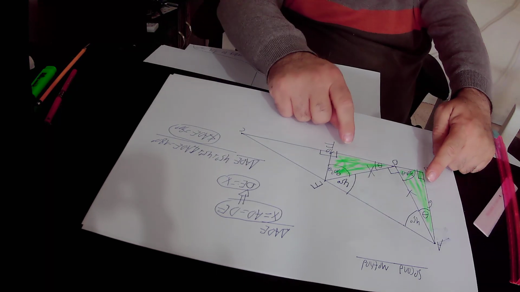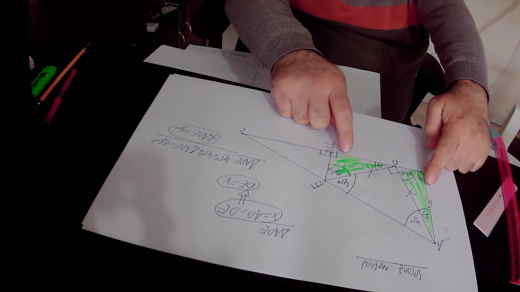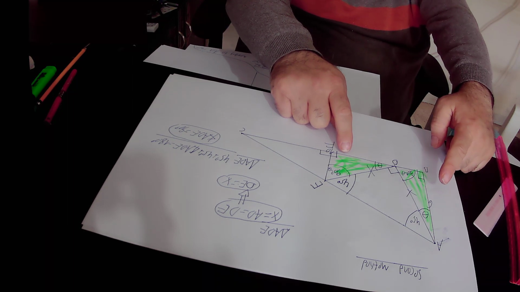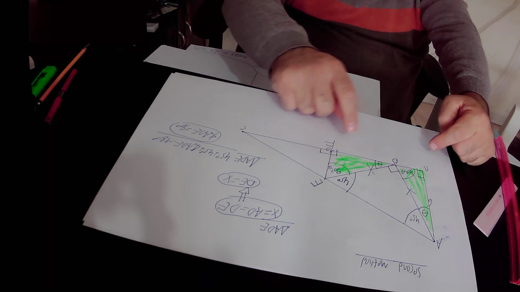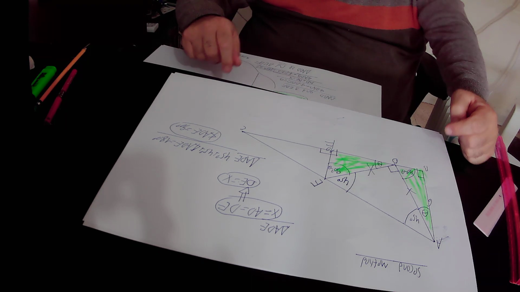Those two green triangles can go into each other, therefore the corresponding sides AB and DF will be equal to each other.